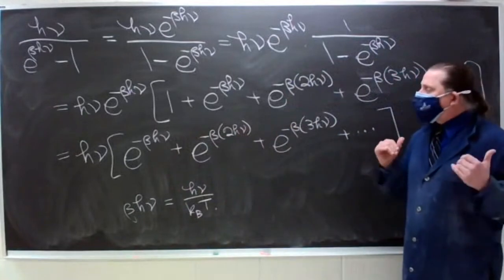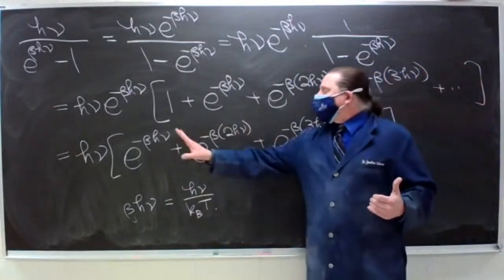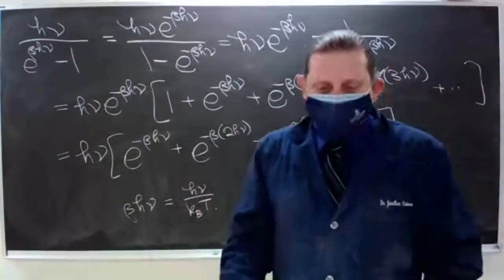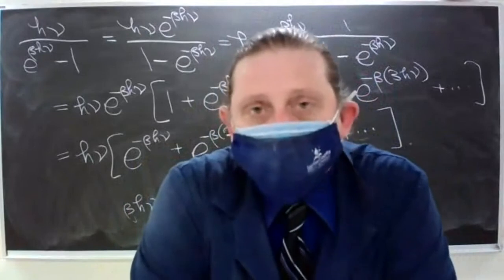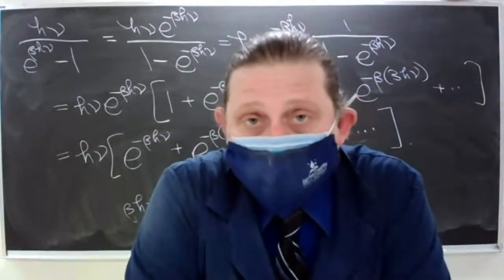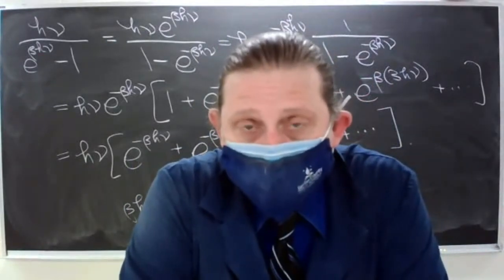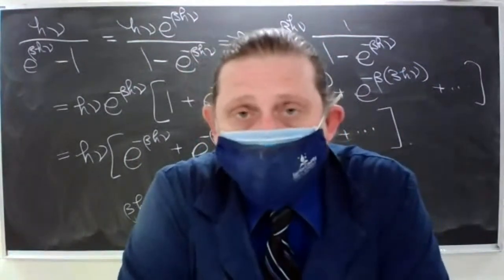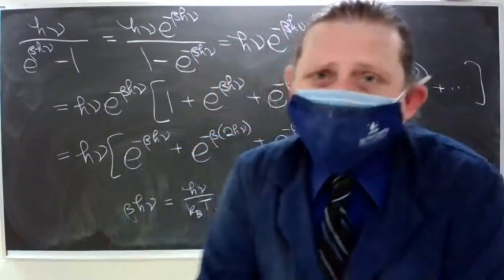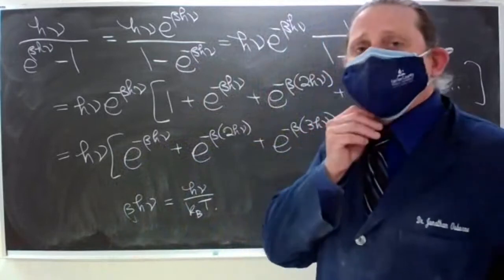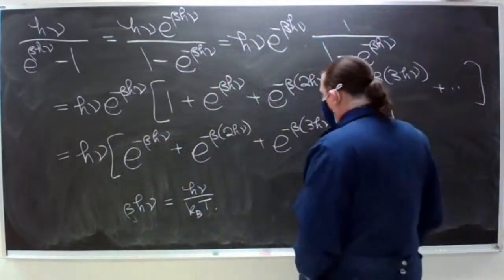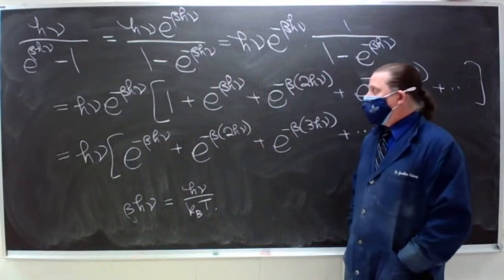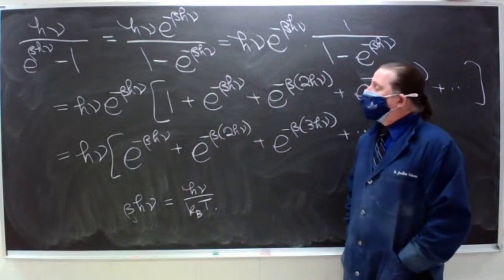When nu is small, this explanation doesn't make as much sense, when h nu is small in comparison to k Boltzmann T. When there's plenty of energy around, it's difficult to make this argument associated with the photons for small frequency.